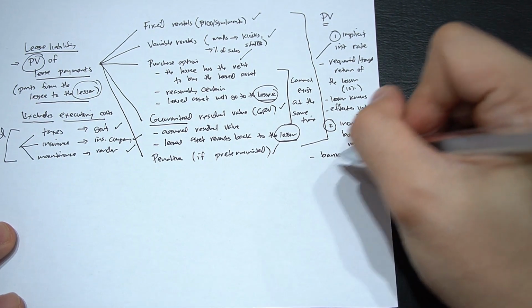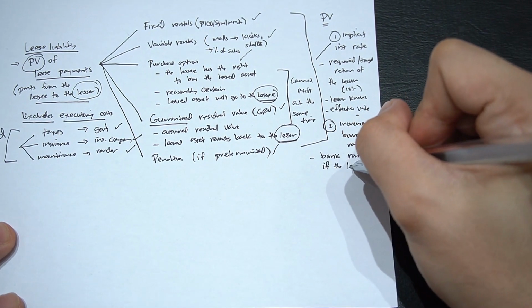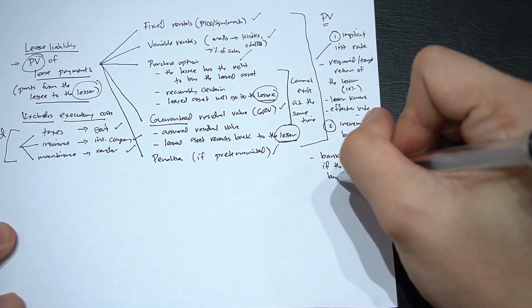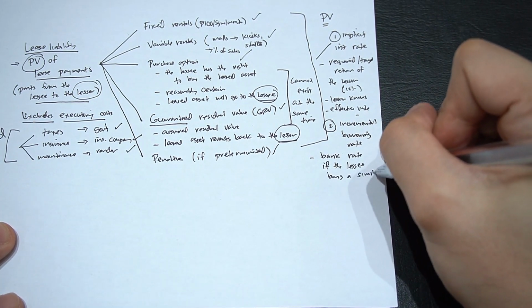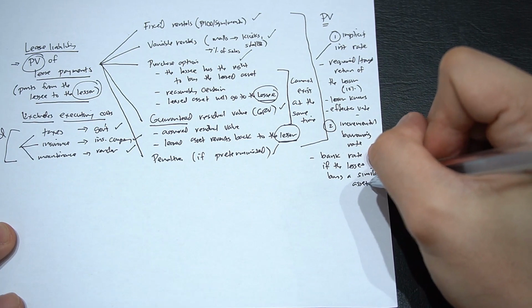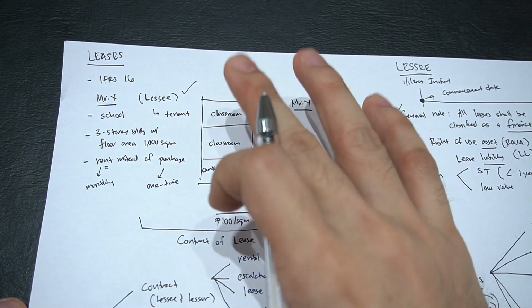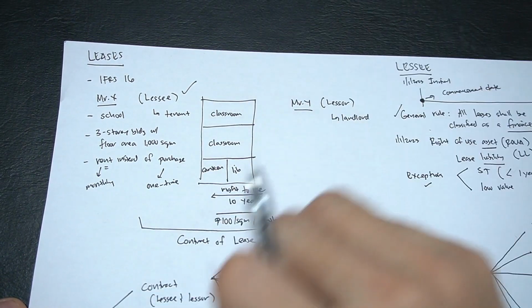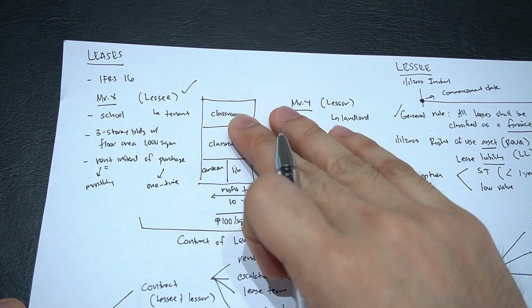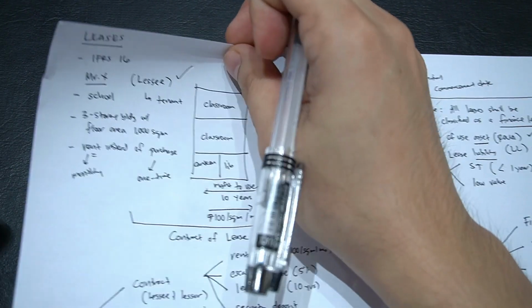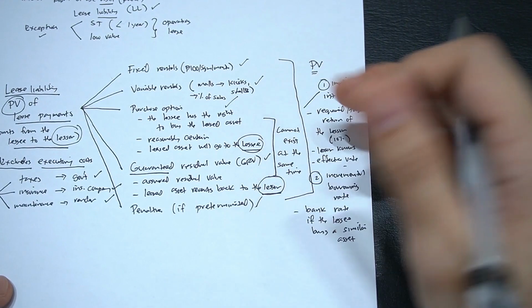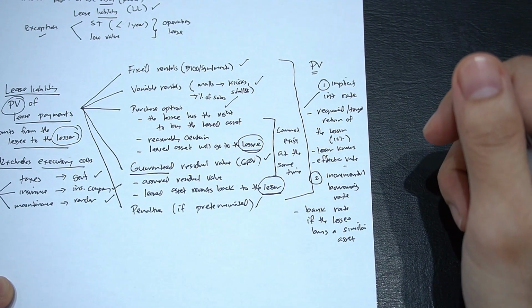Bank rate, if the lessee, okay, buys a similar asset. Bigyan kita ng example. For example, dito, class, ang ginawa ni Mr. X instead, binili niya yung building and then inutang niya sa bangko. Nag-loan siya sa bank to buy this building. Yung interest rate na i-charge sa kanya ni bank is what we call incremental borrowing rate.